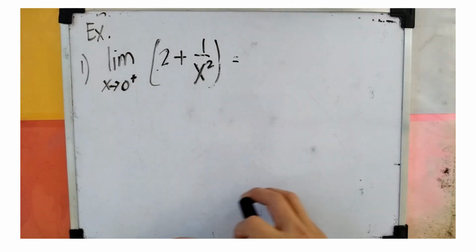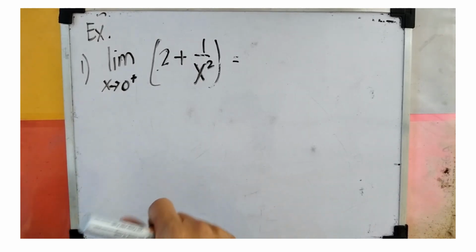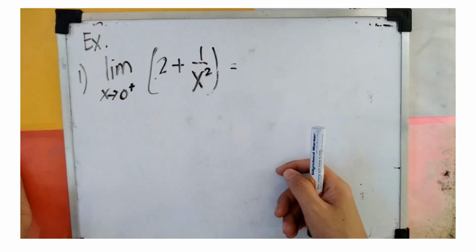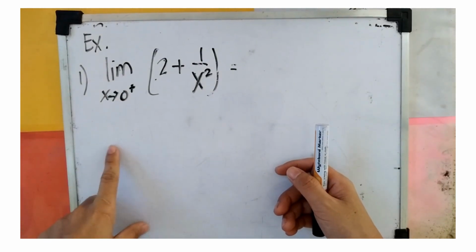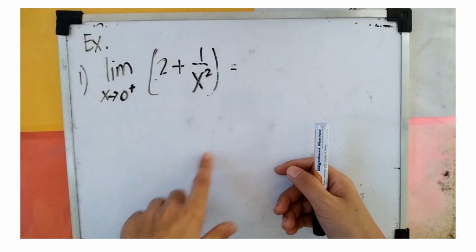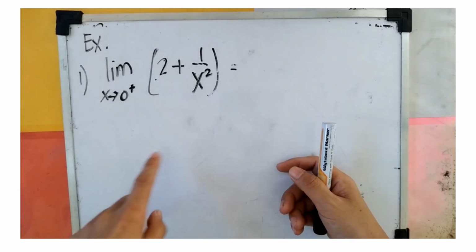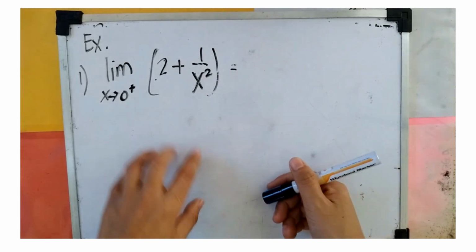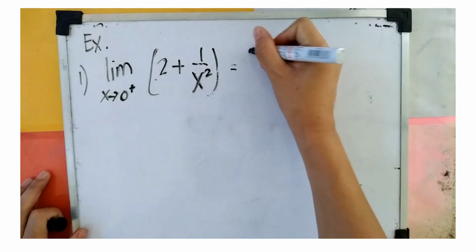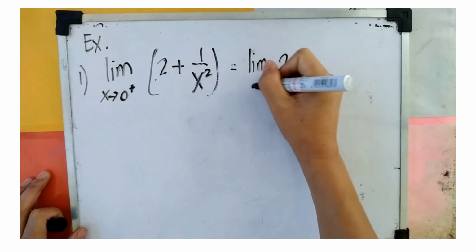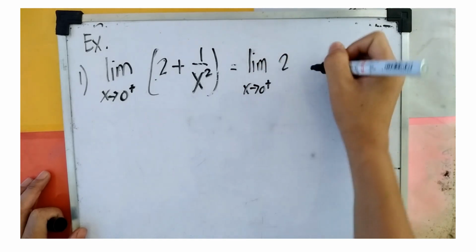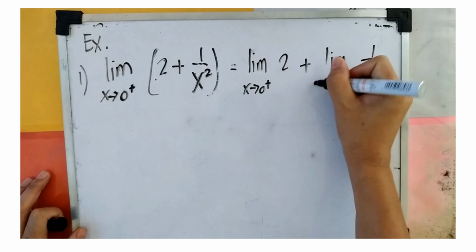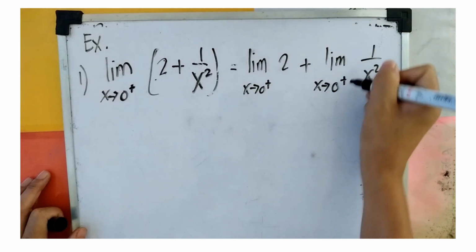Okay, let's apply rule number 1 for sums involving infinite limits. Again, a limit plus positive infinity, the answer is positive infinity. A limit minus negative infinity, the answer is negative infinity. Okay, class, in order to solve this, let's take it one by one. The limit of 2 as x approaches 0 from the right plus the limit of 1 over x squared as x approaches 0 from the right.